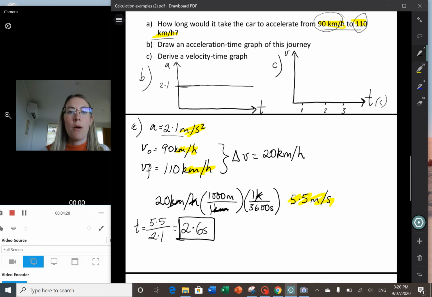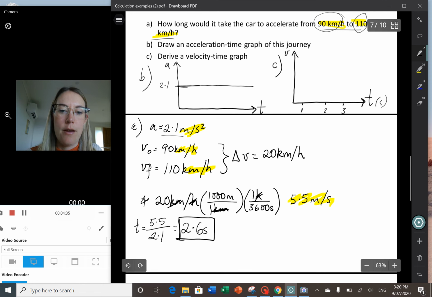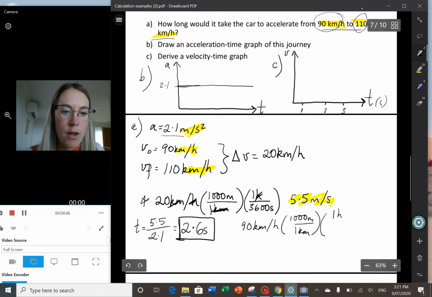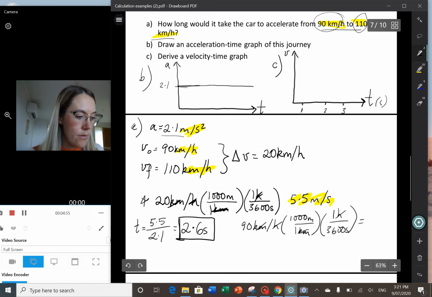Now I want to convert my two velocity values into meters per second, so I'm going to follow the same structure that I used down here. So 90 kilometers per hour multiplied by 1,000 meters over a kilometre, 1 hour over 3,600 seconds. These cancel out, and that's going to be equal to 25 meters per second.